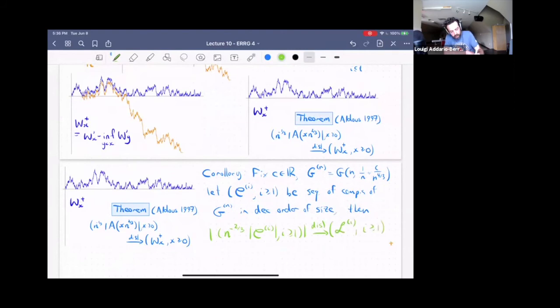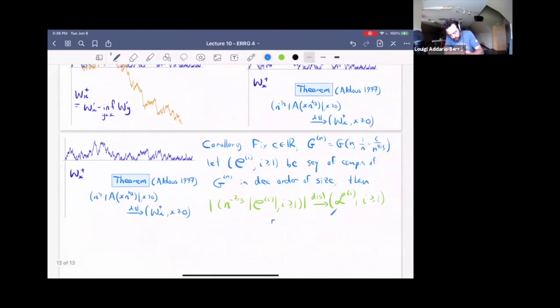These are the lengths, the ranked sequence of lengths of these excursions. So the biggest excursion corresponds to the biggest component, the second biggest excursion corresponds to the second biggest component, and so on. So these are the ranked sequence of excursion lengths.